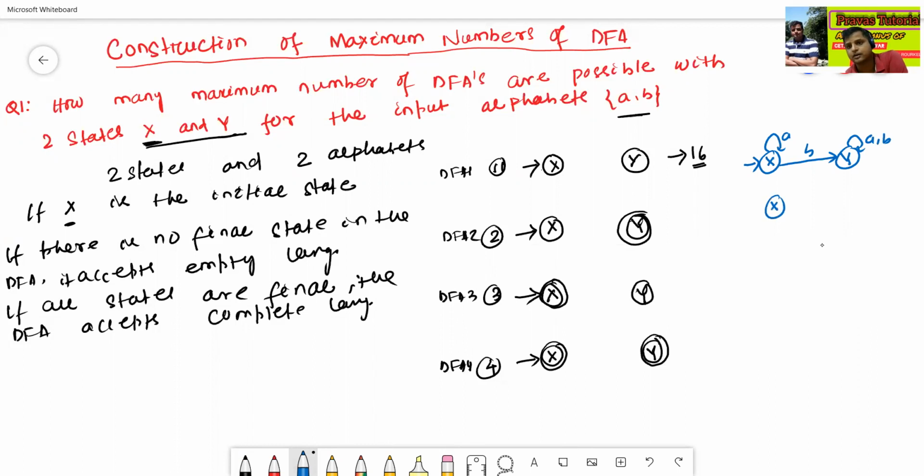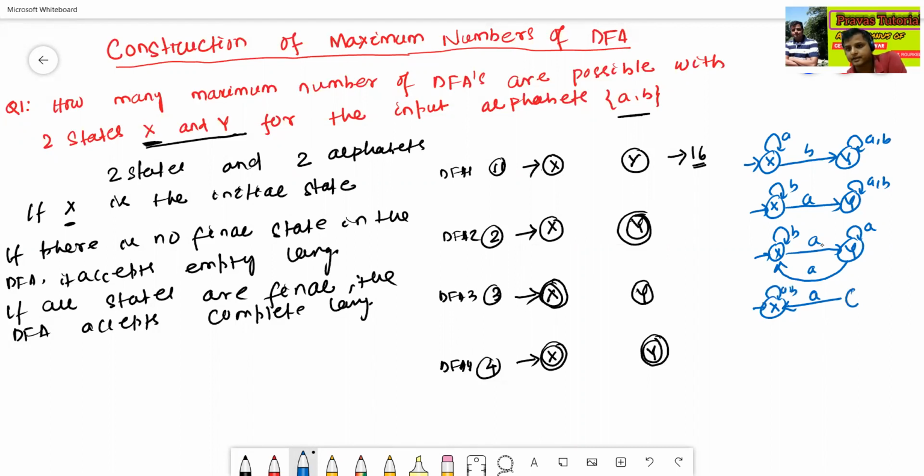We can also draw the DFA with transitions A, B, and A,B.